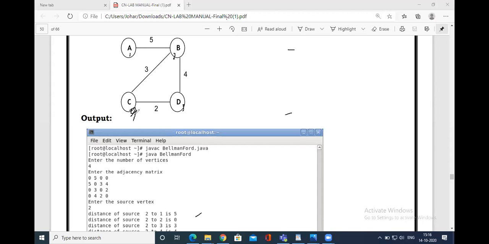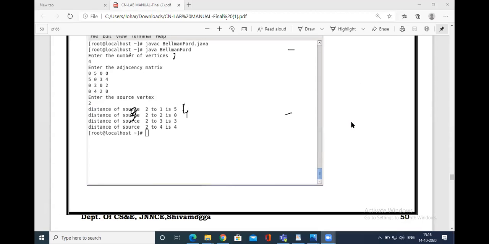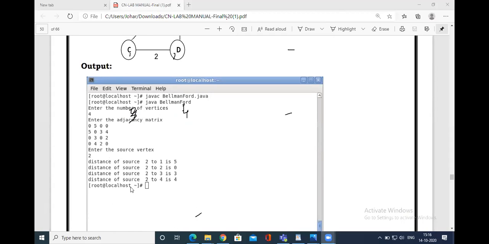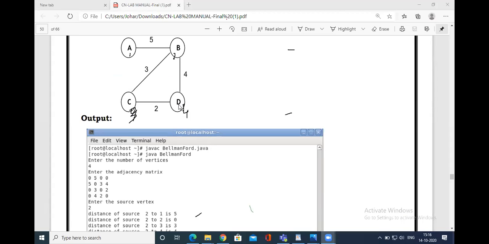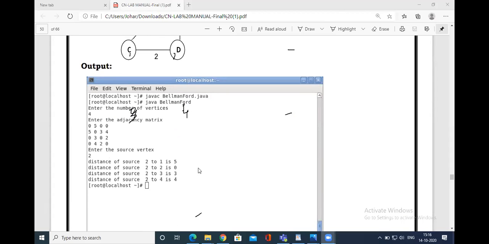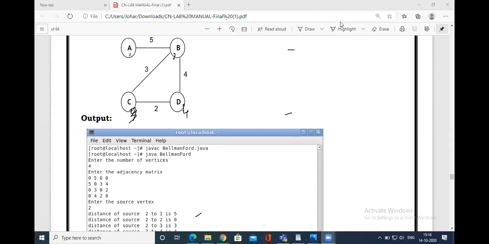This is 3, this is 4. The distance from source 2 to 4 is 4. Since the input is very simple, you are finding it easy to determine the cost, and the graph I have shown you is quite easy.